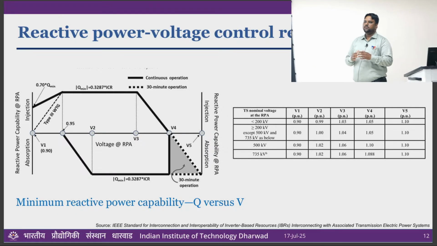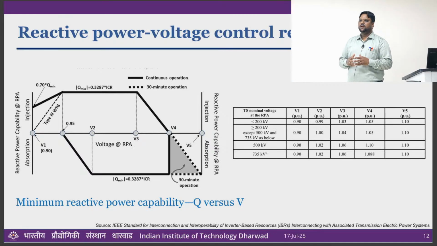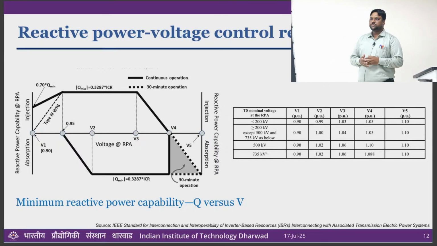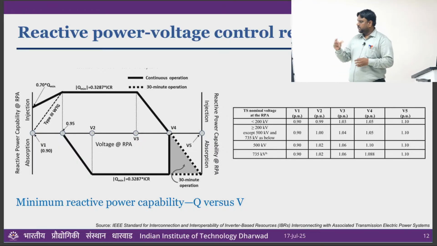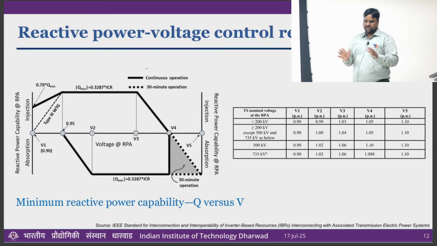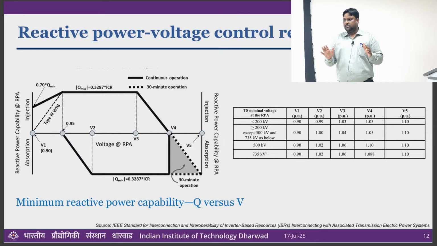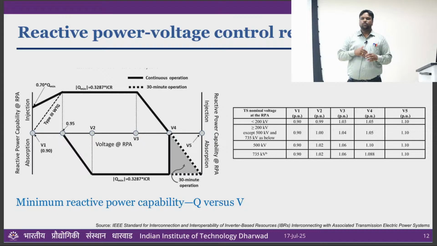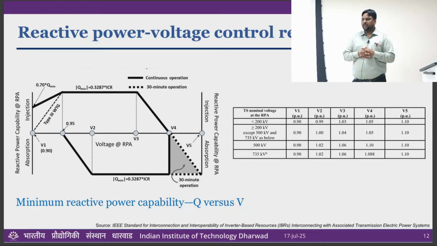Though they control at the transmission level, they say P is mostly influenced by frequency and Q is mostly influenced by voltage. But the moment you change Q, because your plant capacity is fixed, right? The moment you try to inject more Q, you have to sacrifice your P. You cannot overload your plant, right? You might overload 20%, 30%, but again you have to take care of that.